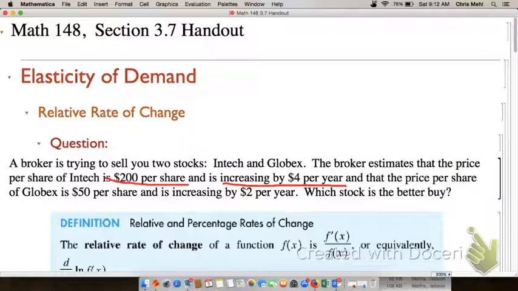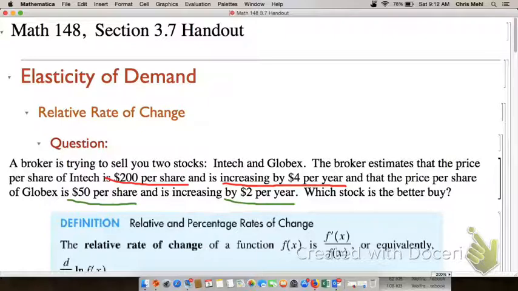And the price per share of Globex is $50 per share and increasing by $2 per year. So you buy one of these Globex shares at $50. After the end of 1 year, it would increase by $2, so your share would be worth $52. The question is, which stock is the better buy?